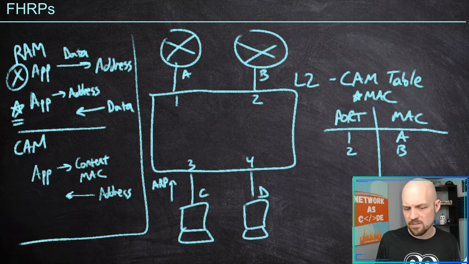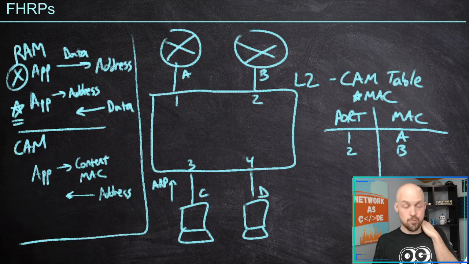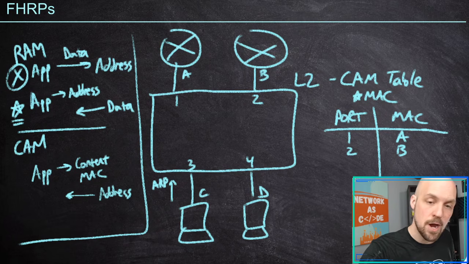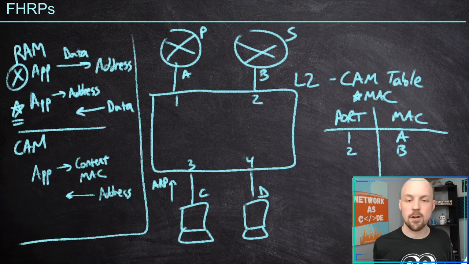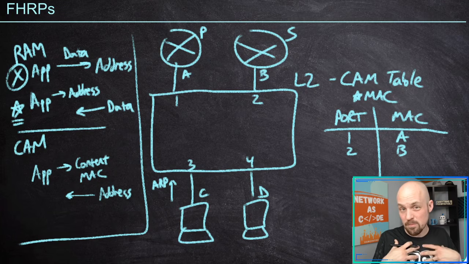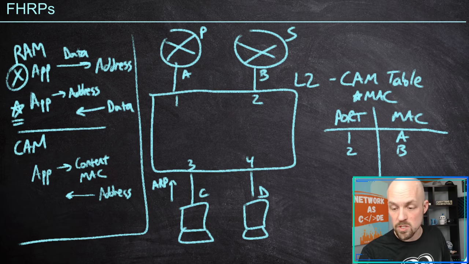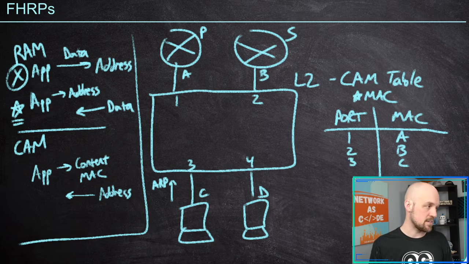What did we say happens? The primary is going to respond. Let's say the primary is on the left, secondary or standby is on the right. Because we've sent this ARP request out port 3, my MAC address is C on port 3, and so the switch is going to learn out port 3 is MAC C.